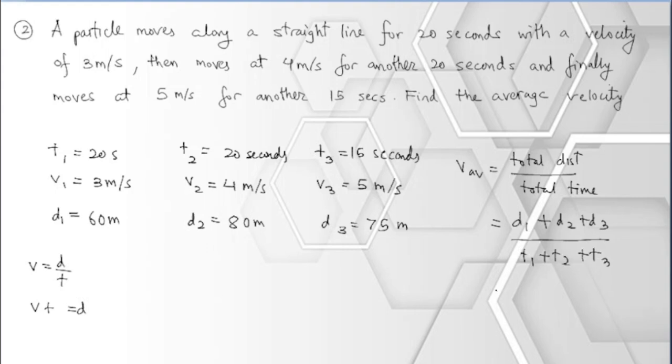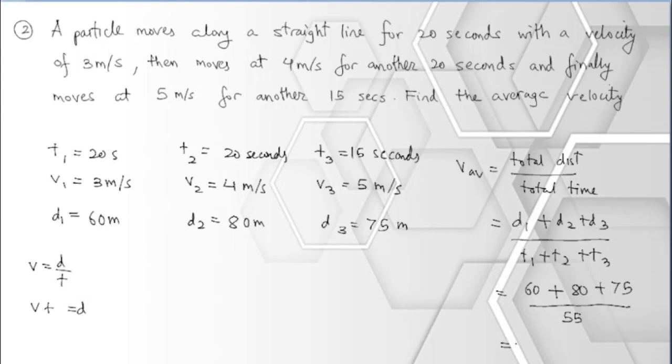That means 60 plus 80 plus 75 by 20 plus 20 plus 15, which is 55 seconds. So 215 by 55 meters per second.